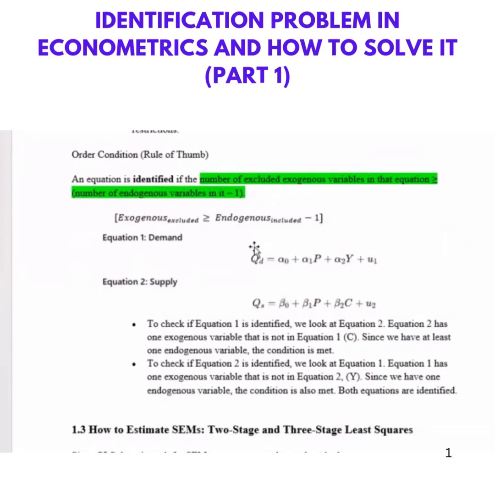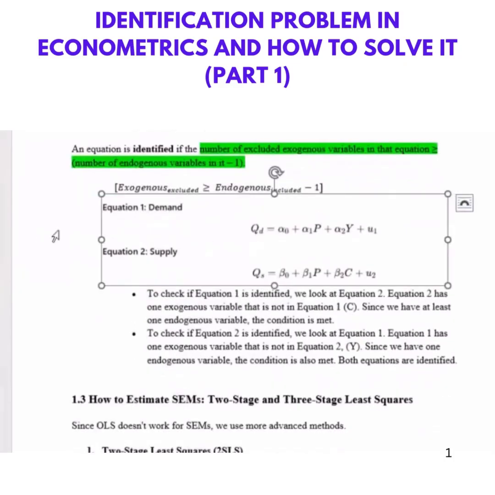So let us see. We go back to our equation, and you want to see in this equation 1, is it identified? Do we have all the information that we need so that we can run the analysis? To know whether this equation is identified, we look at the exogenous variables excluded.